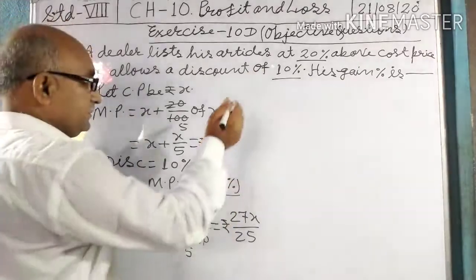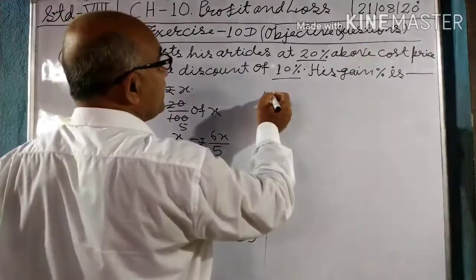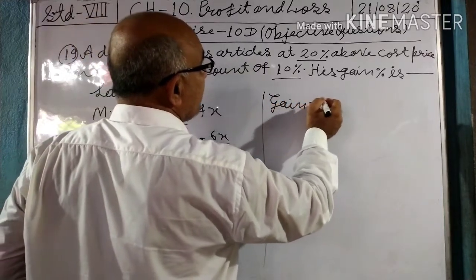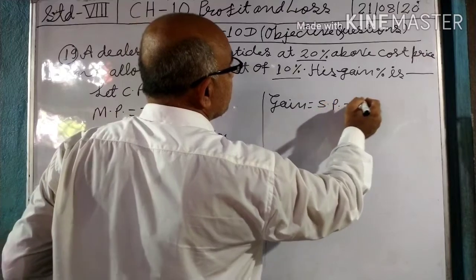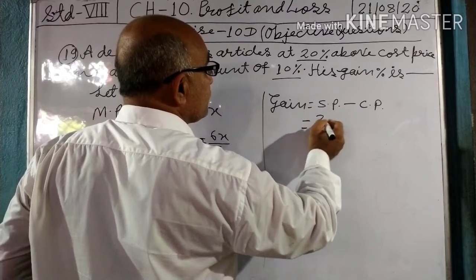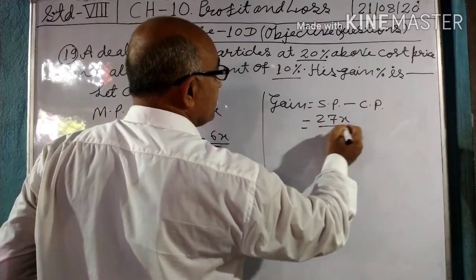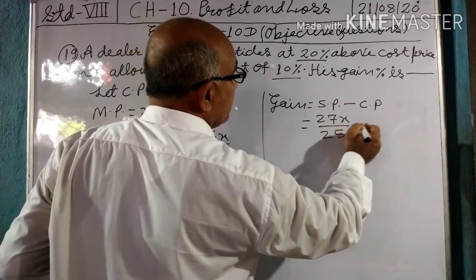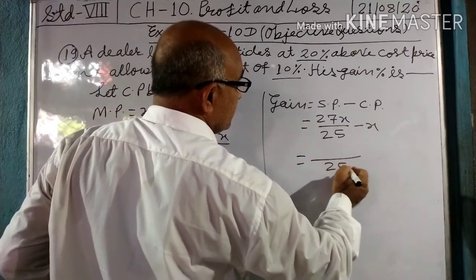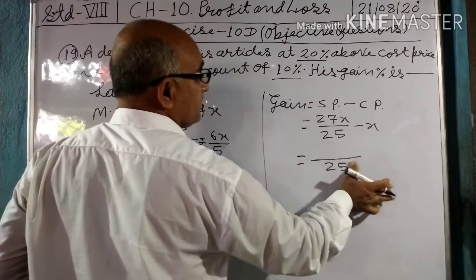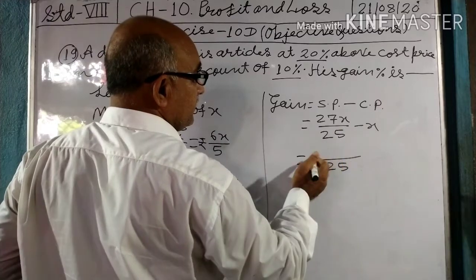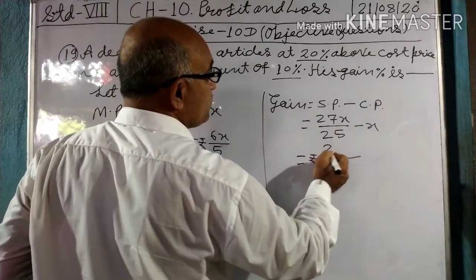So now we have to find gain percent. First of all find gain equal to SP minus CP. So 27x by 25 minus x. LCM 25, so 27x minus 25x equal to rupees 2x by 25.